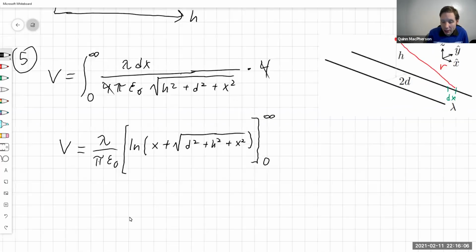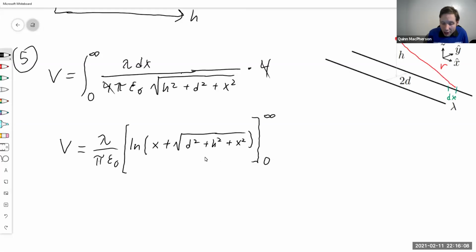If I stick in infinity, basically I get V is equal to lambda over pi epsilon naught, natural log of infinity plus infinity. Okay, that's just infinity.